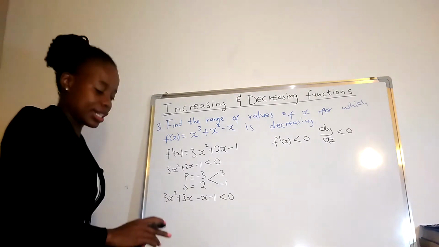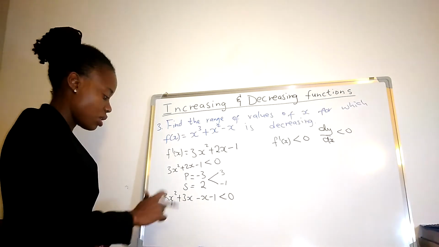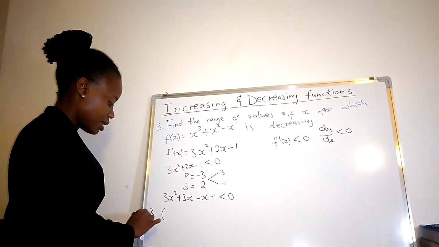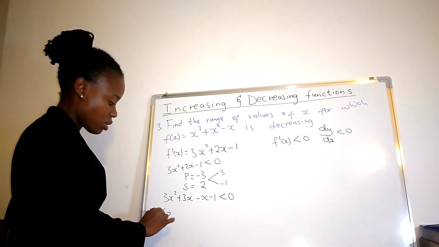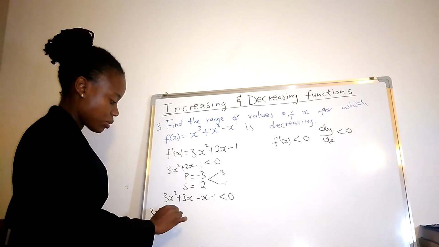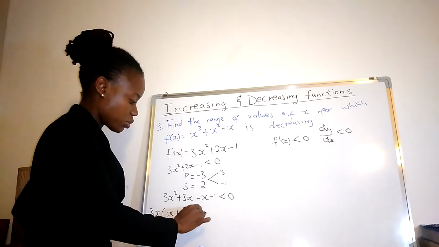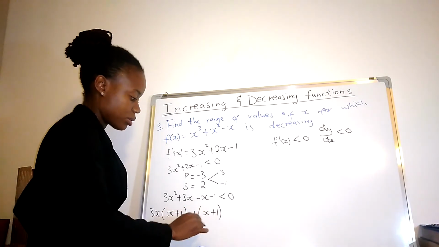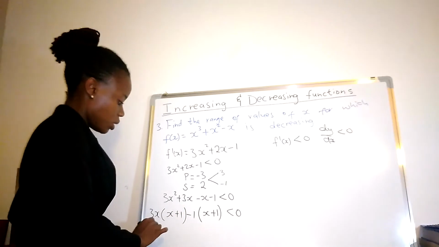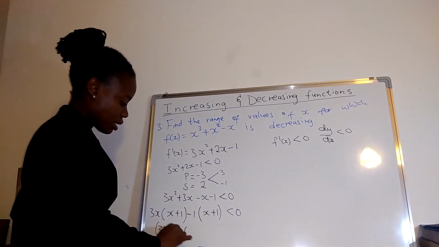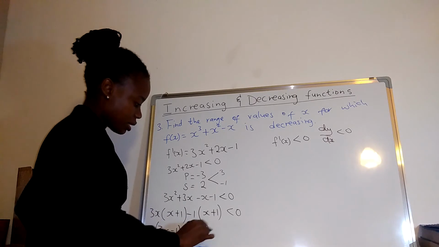We're going to find critical values of x. Common factor here is 3x. We take it outside. Inside we're going to have x plus 1. Common factor here is minus 1. Inside we're going to have x plus 1. So we have 3x minus 1, x plus 1.